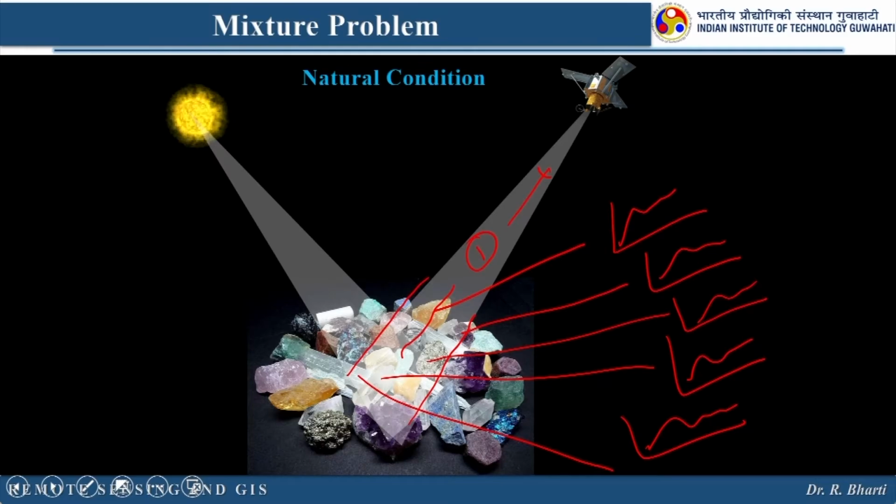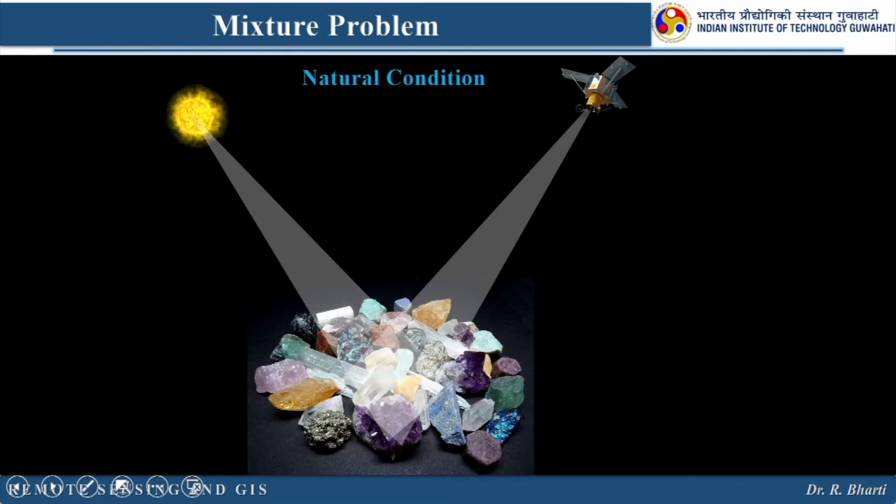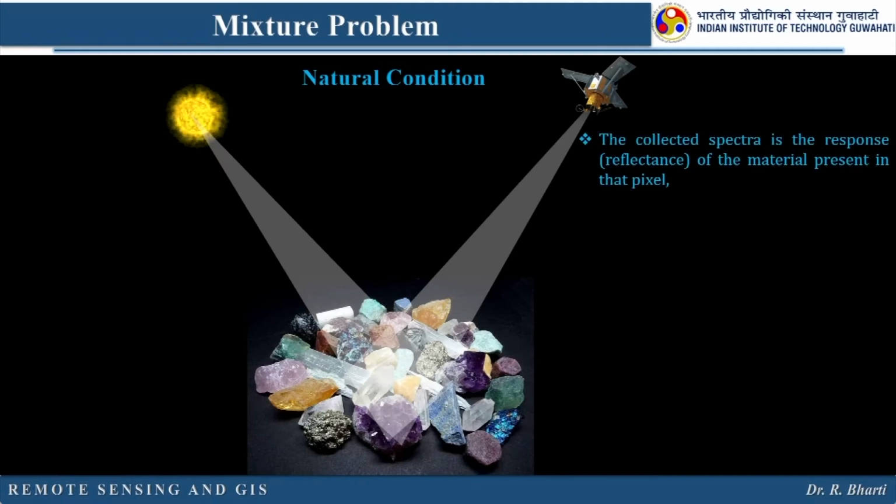So what exactly is happening? We are going to mix this in our one pixel. So the collected spectra is the response of reflectance of the material present in that pixel. Then in this example, different types of object or material are present within one pixel.